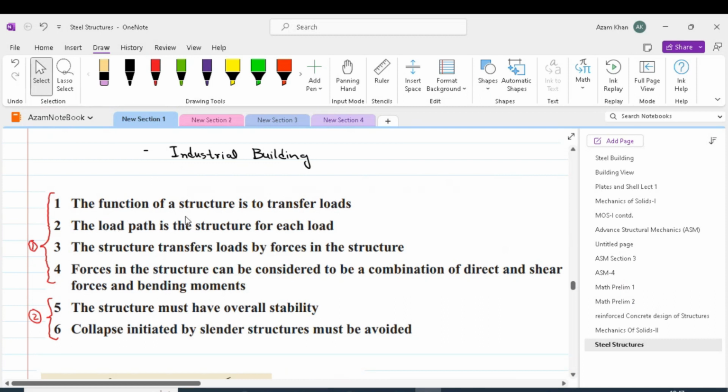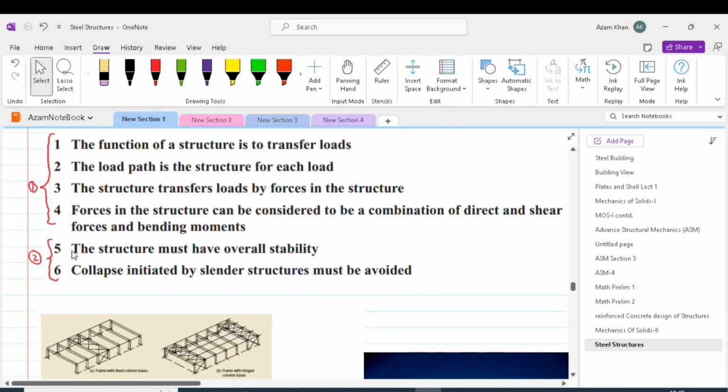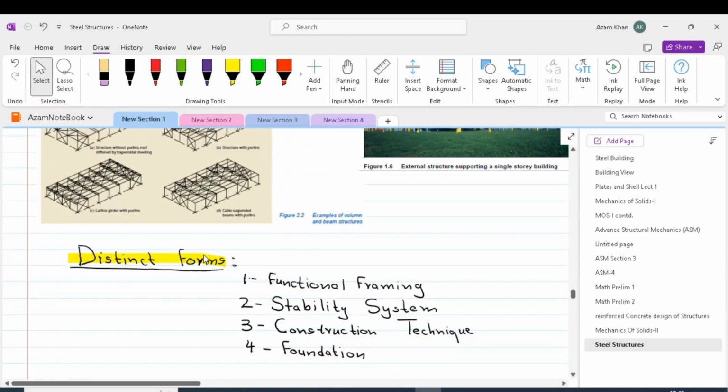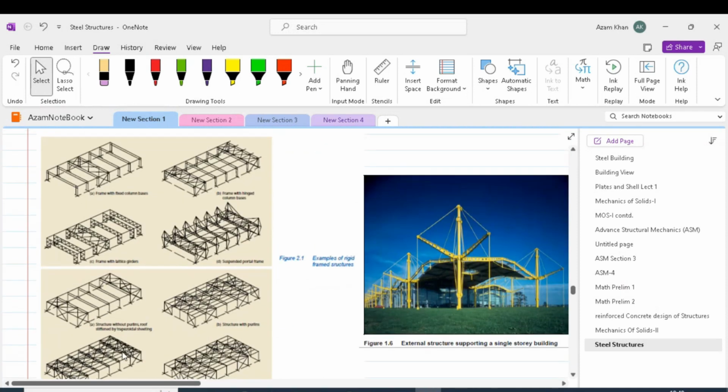Thus, the function of structure to transfer loads, the load path, the structure transferring loads by forces in the structure, and forces in the structure can be considered a combination of direct, shear and bending moments, are all the features of functional framing. Whereas concepts 5 and 6, involving the structure overall stability and the structure local stability, are covered by the stability system.